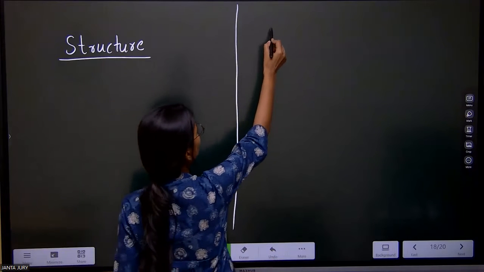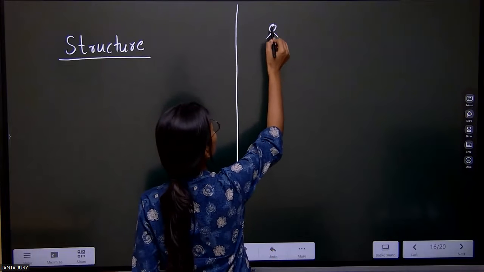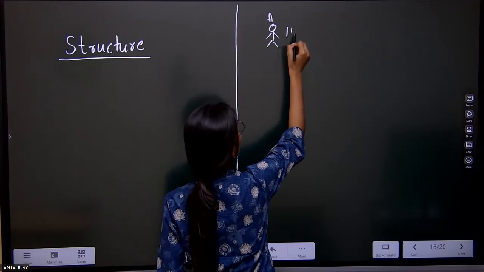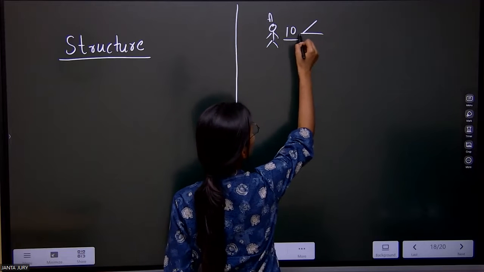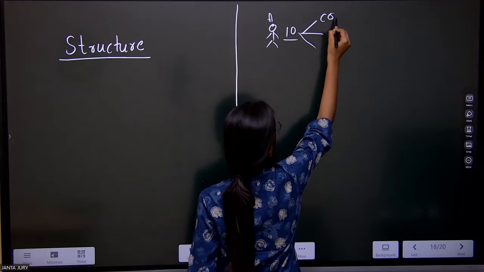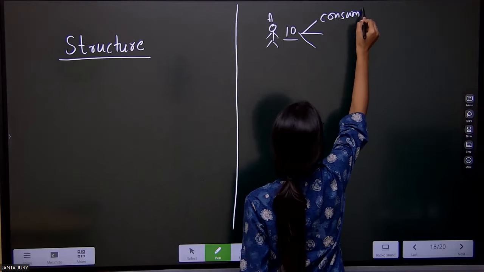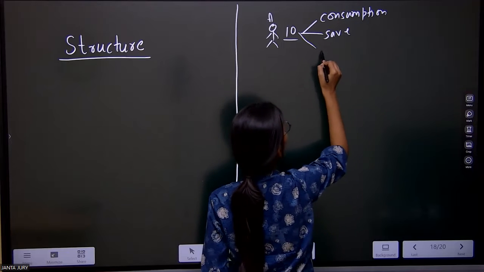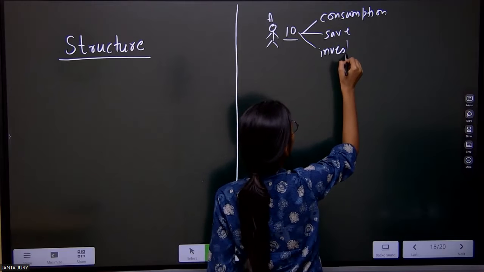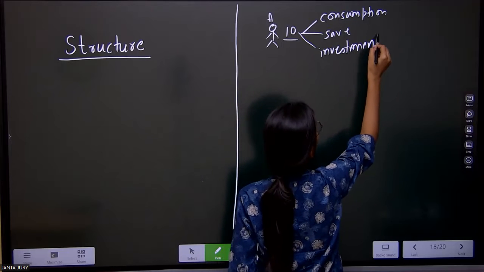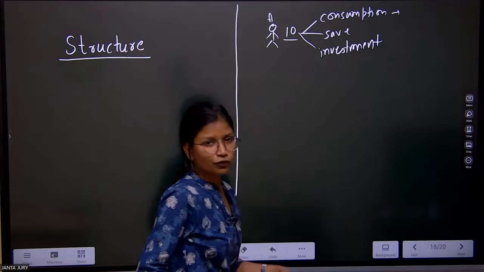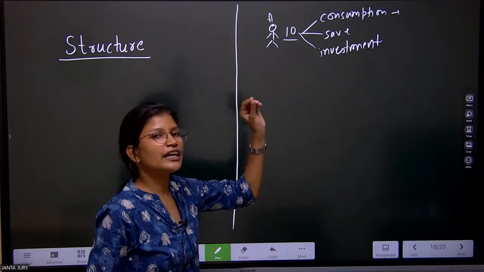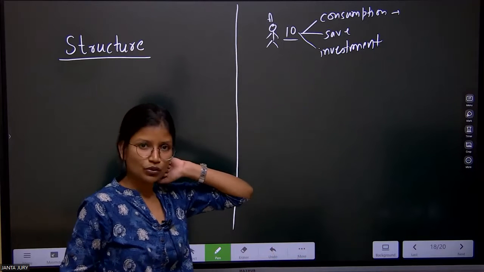Let's say we have a person, person A, whose income is rupees 10 and he spends this income in three parts: consumption expenditure, saving, and investment. In consumption, we spend on day-to-day expenditure like food, fuel, and education. That is called consumption.